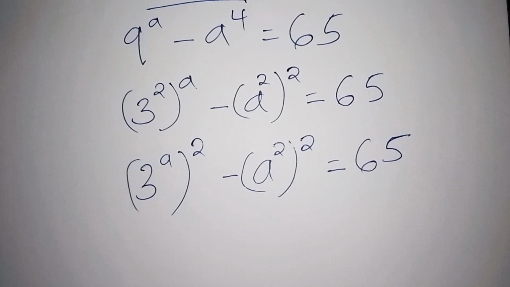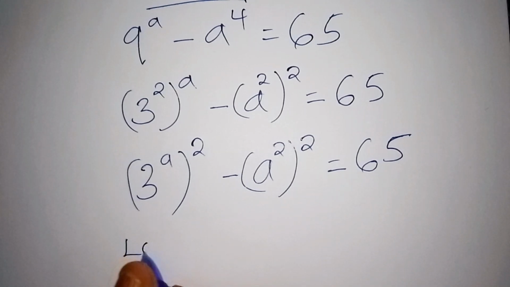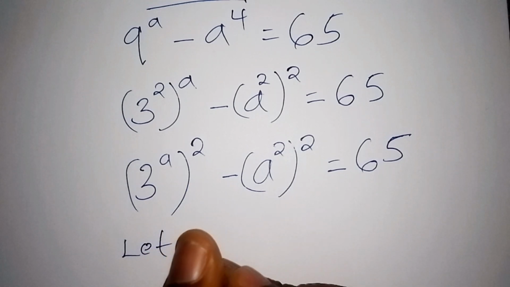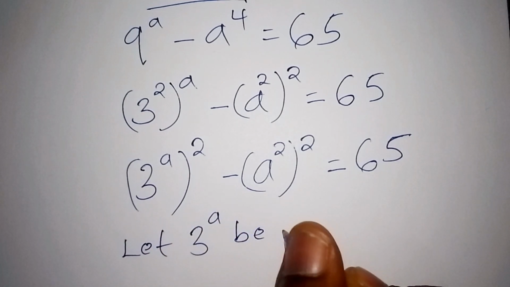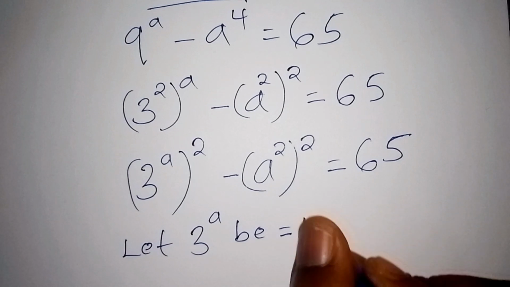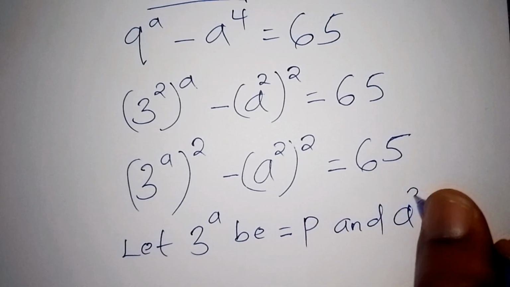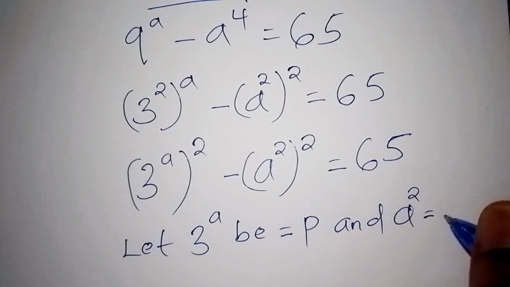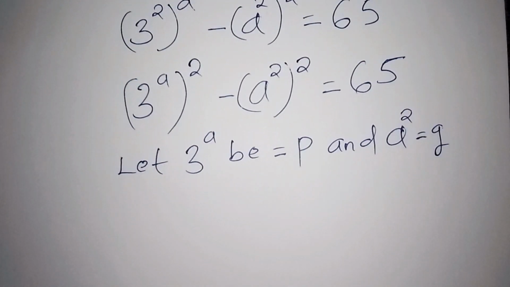So the next step, we need to work it out by using substitution. Let 3 to the power of a be equal to p, and also a to the power of 2, let's pick a letter for it, q.